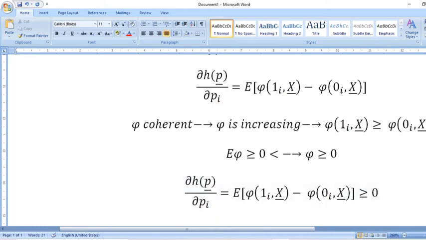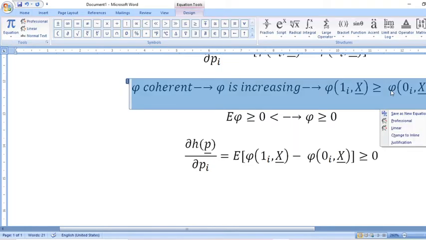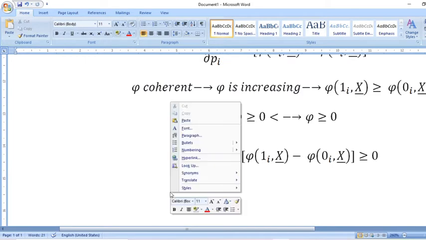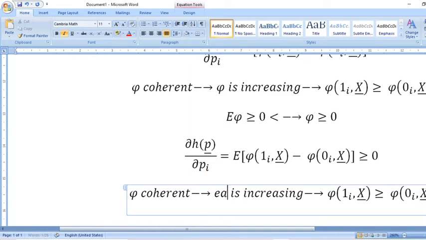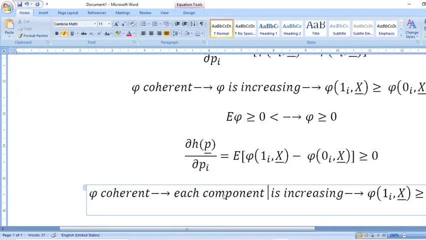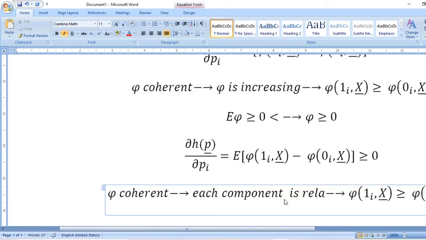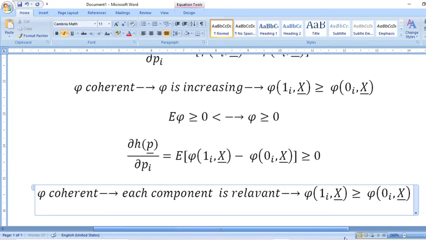Okay, anyway, now we consider another piece of information. What is meant by component I is relevant?